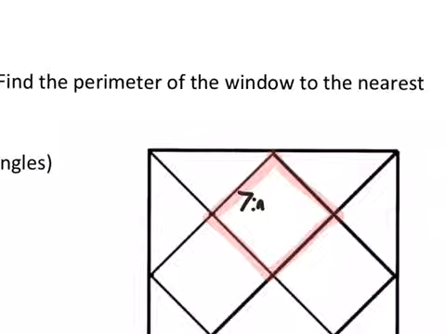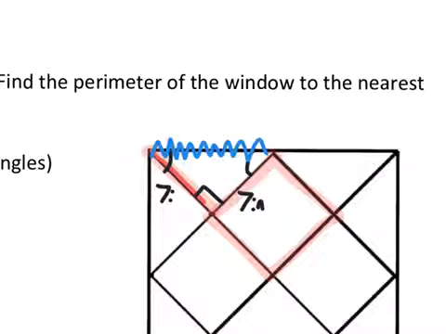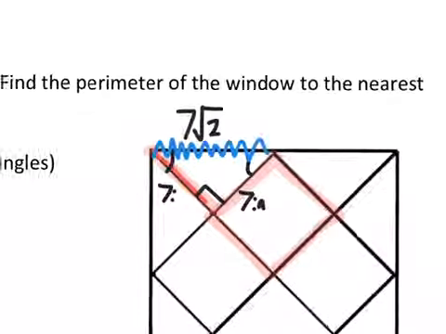Okay, now if I also call this one 7 inches long here, you might be able to think back into geometry and realize that we've got a 45, 45, 90 triangle here. And the special relationship on that, or you could do Pythagorean theorem to find this missing side here, you would find it to be 7 square root of 2.